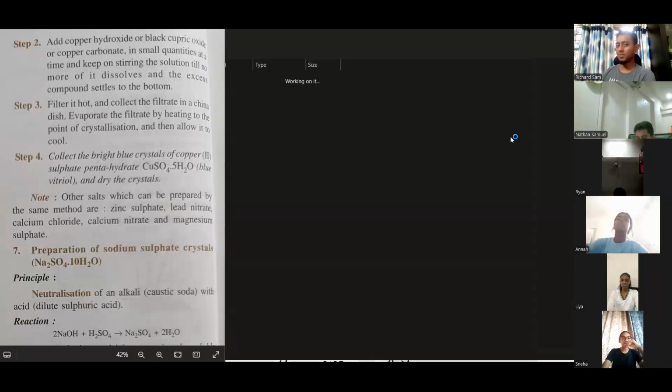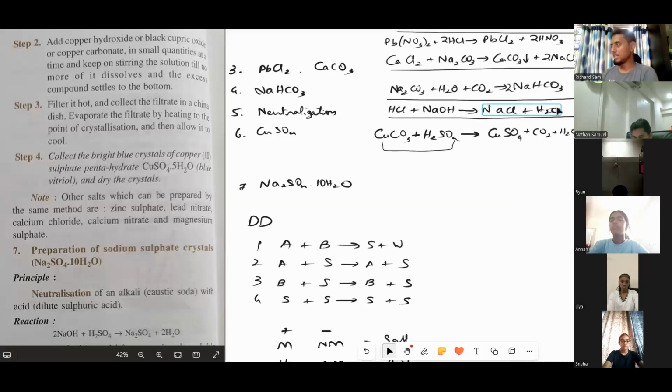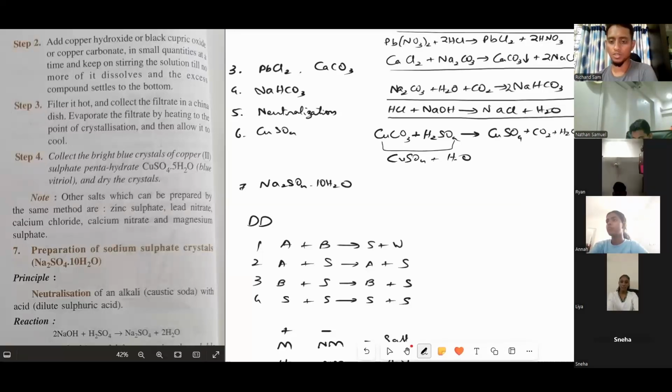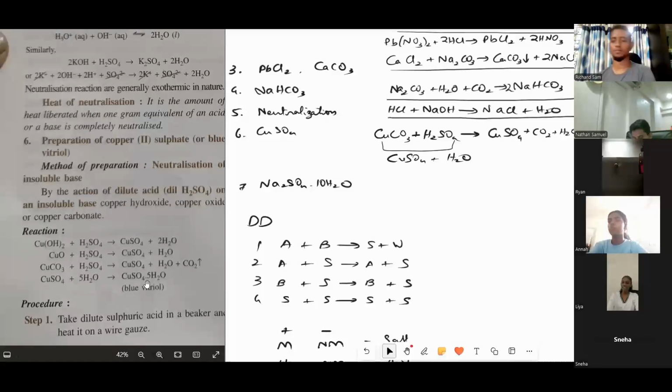Now to get the copper sulfate, what do you need to do? Just heat it. Keep heating it. So all the water will evaporate and you will get a hot supersaturated solution, and copper sulfate will be formed as crystals. That means the copper sulfate will join with water of crystallization. CuSO4 will join with H2O. How many H2Os? 5.